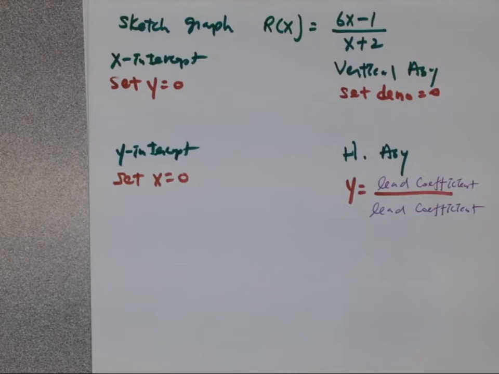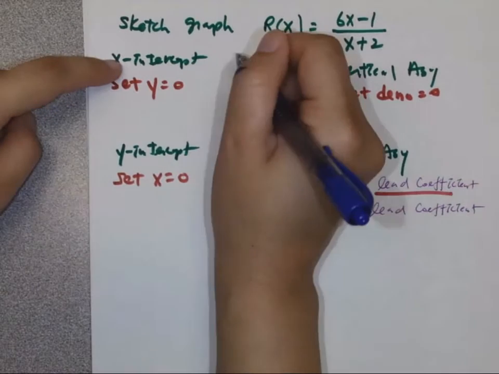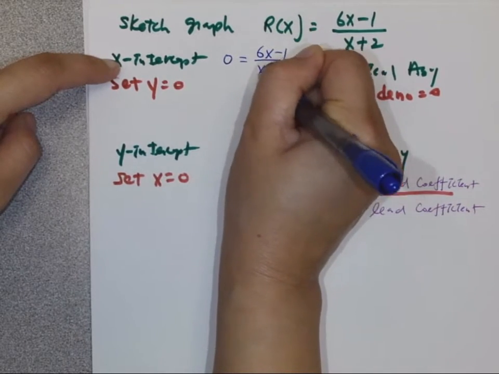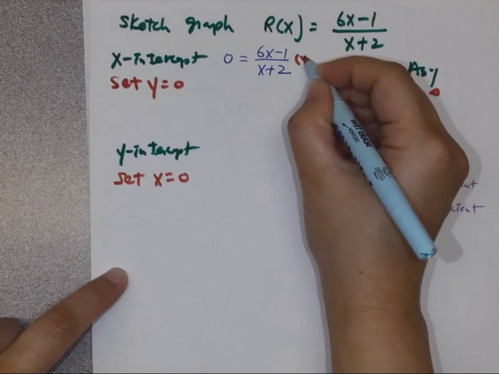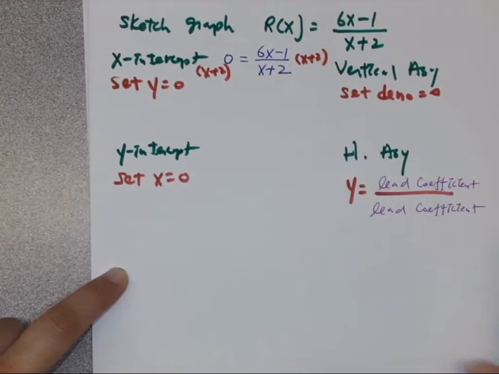Okay, so setting y equal to 0, we have 0 equal to (6x minus 1) over (x plus 2), like that, right? And then what do I do with that? Multiply x plus 2 both sides to get rid of the denominator. Very good.